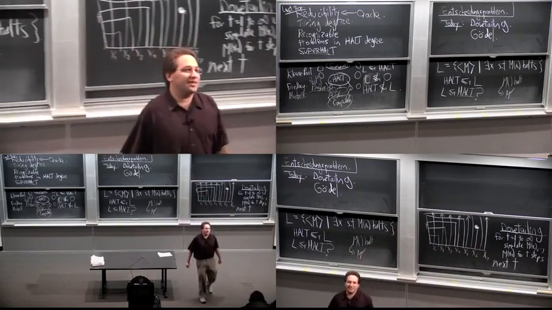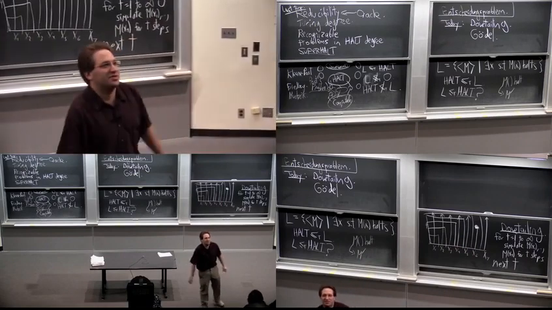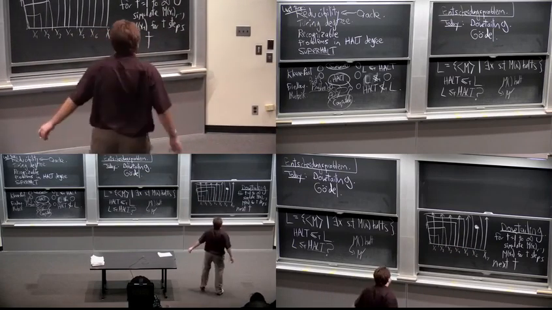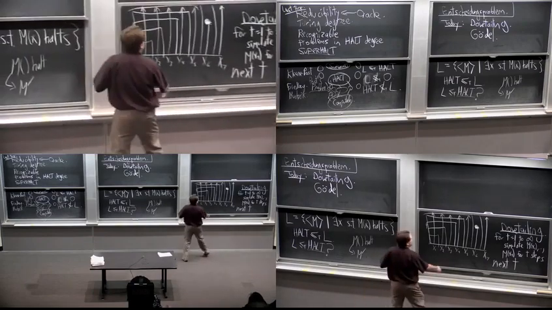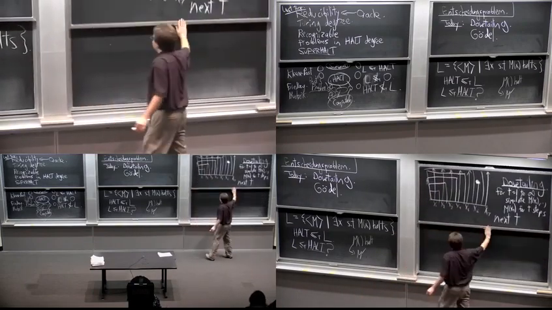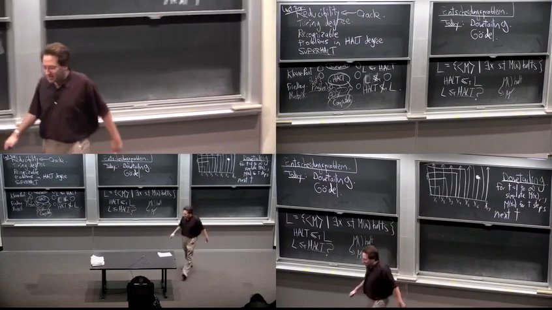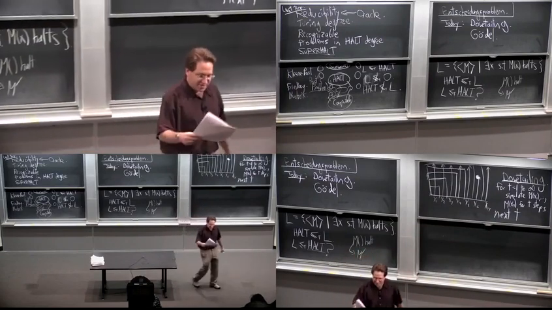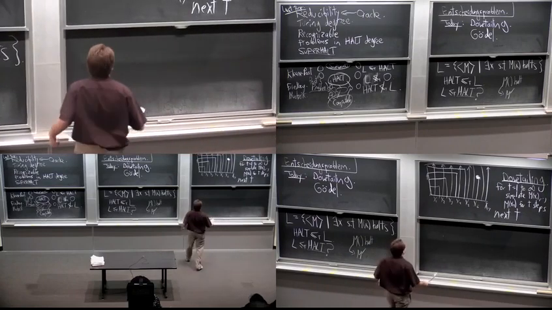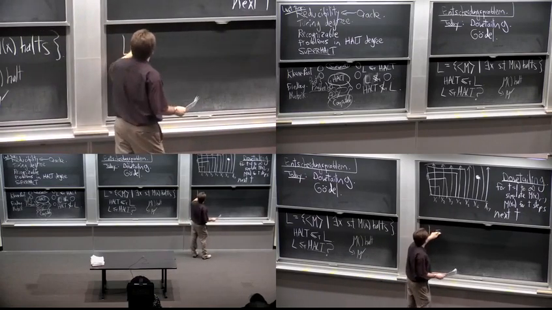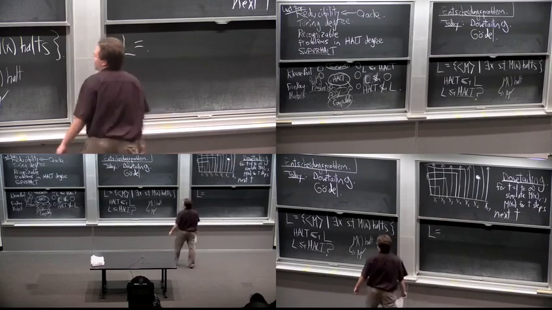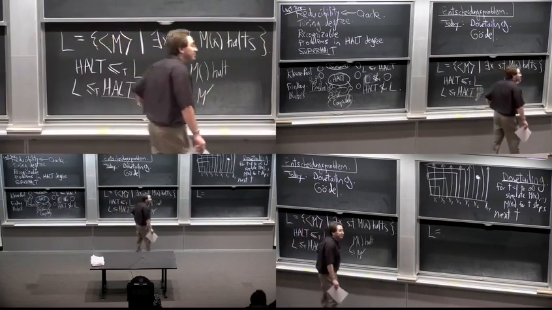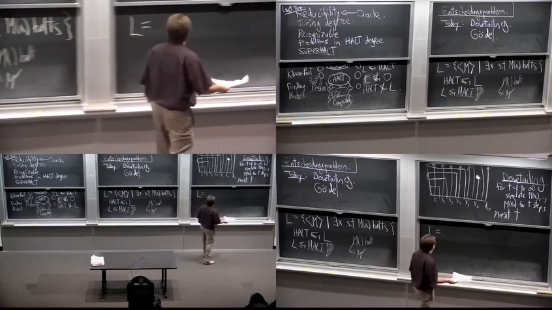It's actually kind of similar to how one shows that the set of rational numbers is countable. All right, so the conclusion is that indeed this language is Turing equivalent to the halting problem.